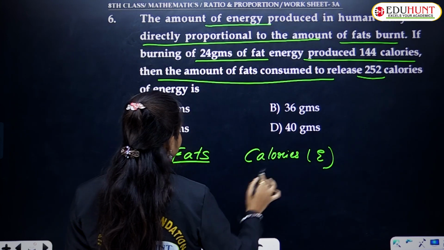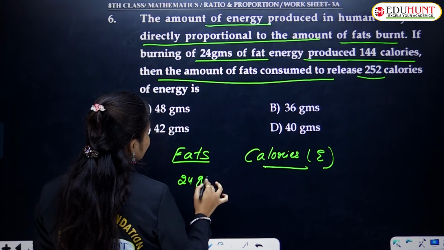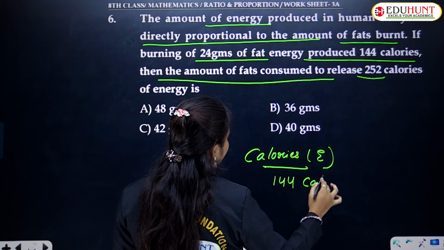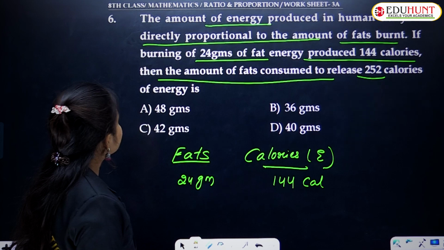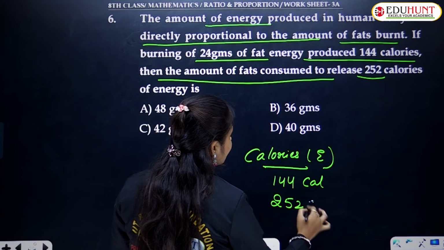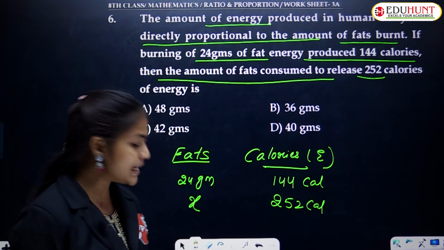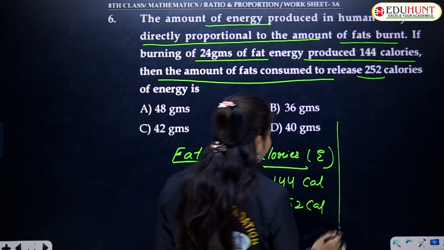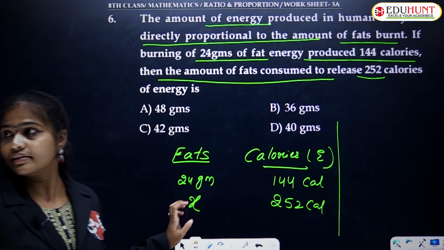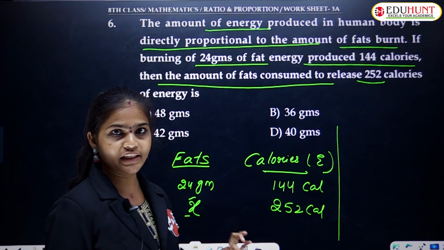Here energy in calories is given. If burning 24 grams of fat produces how many calories? 144 calories. And in the same way, the amount of fats consumed to release 252 calories, how many grams of fats we need to find out.